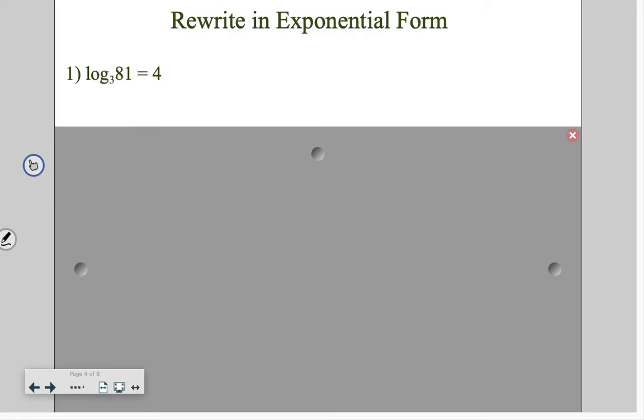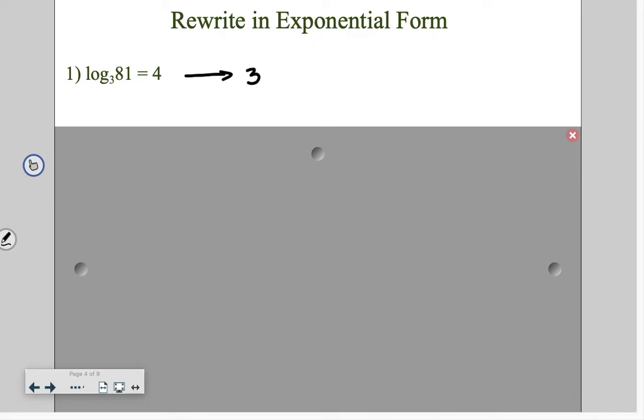All right. So here's your first example. You're given something in logarithmic form. I want to rewrite this in exponential form, just so you can kind of see it from both perspectives. So like I just said, I'm going to keep coming back to this one. We start with the base, always. Log base 3 means we're going to have 3 raised to some power.